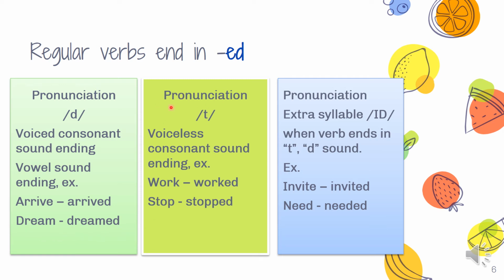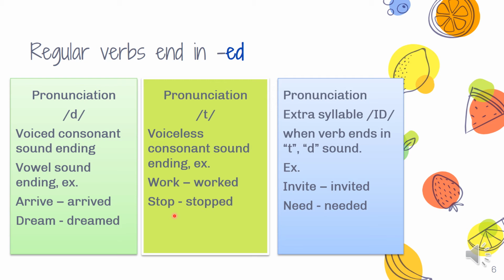Okay. Pronunciation with T at the end, we have a voiceless consonant sound. Like I mentioned a moment ago, work, worked. Stop, stopped. We say stop with P as well as K. You close the air going through your mouth.